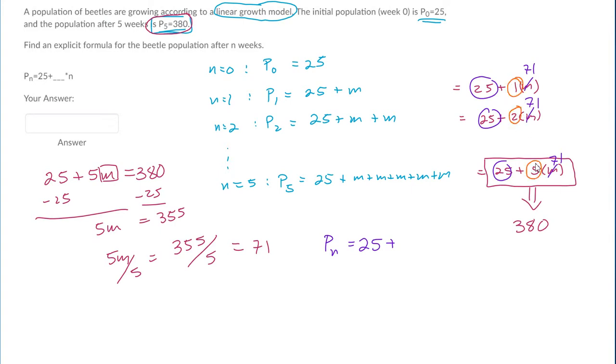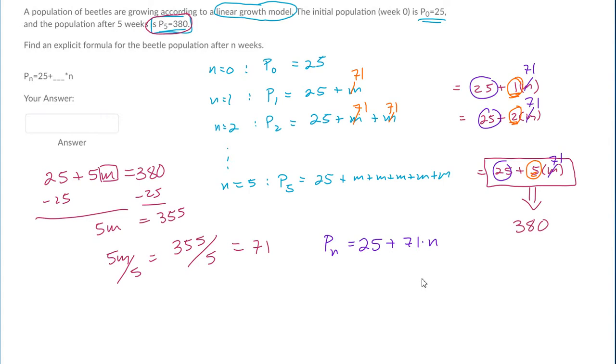Once I figure out that it's 71, I can just replace all these with 71s. 1 copy, 2 copies, 5 copies. How many copies am I going to have at time n? Obviously n copies, right? So I'm going to have n copies of the 71. So there's my explicit formula, and we can answer the question.